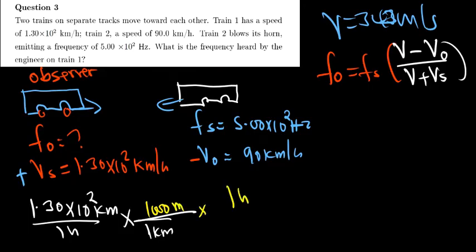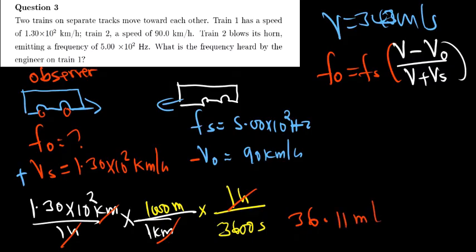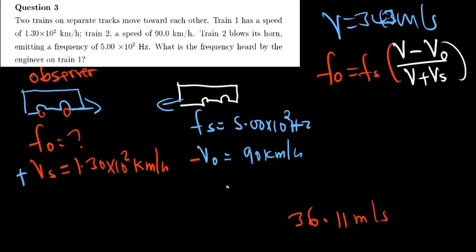In 1 hour, how many seconds do we have? 3,600 seconds. At this point, hour and hour can go, kilometers and kilometers can go. Grab your calculator: 1.3 times 10 to the power 2 times 1,000 divided by 3,600. I'm getting 36.11 meters per second. I'll come here and put it here.